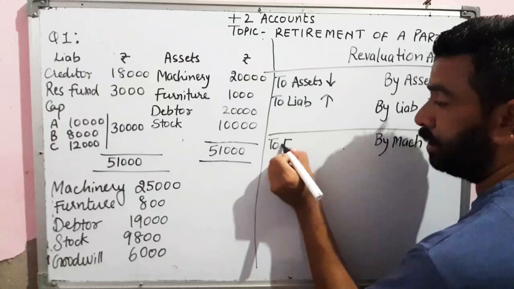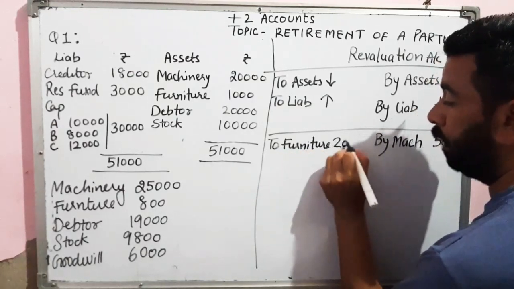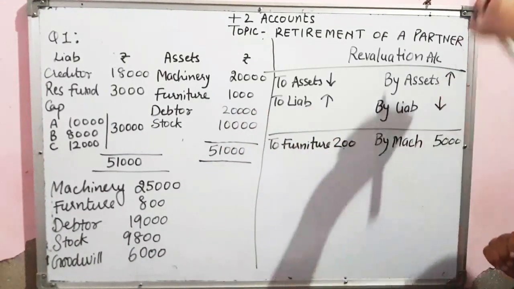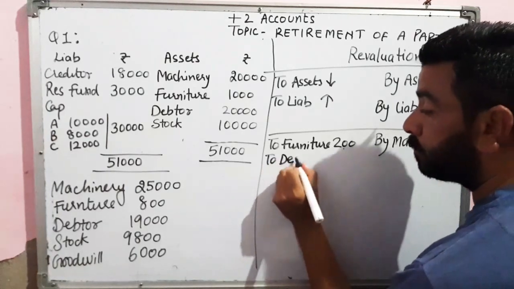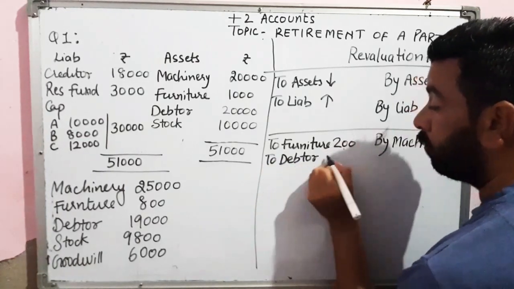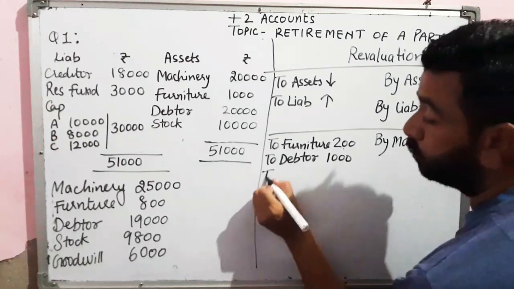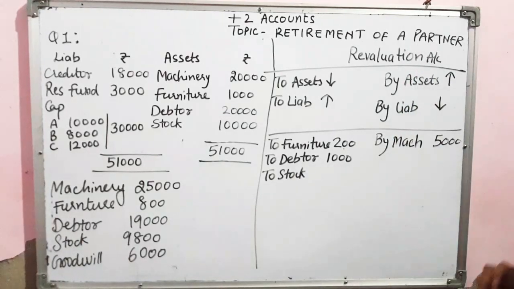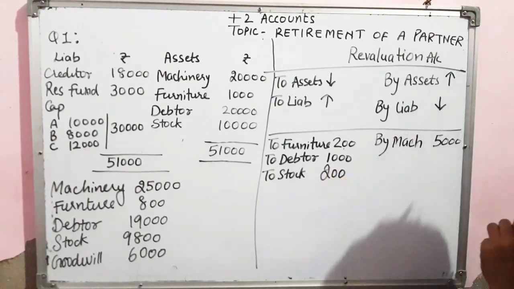To furniture 200. Next, debtors decreased by 1,000. To debtors 1,000. Next, to stock, the value of stock decreased by 200.